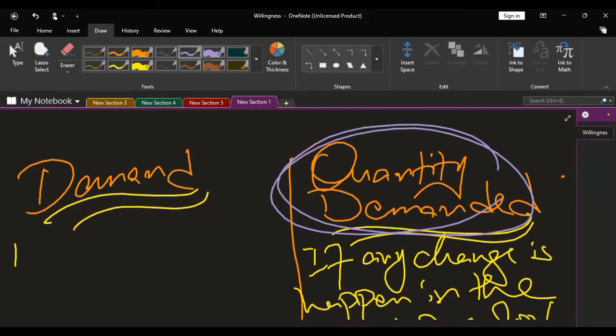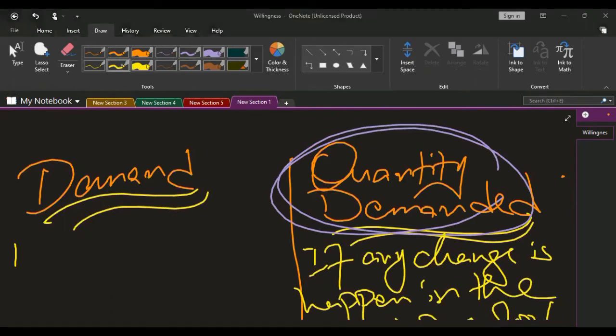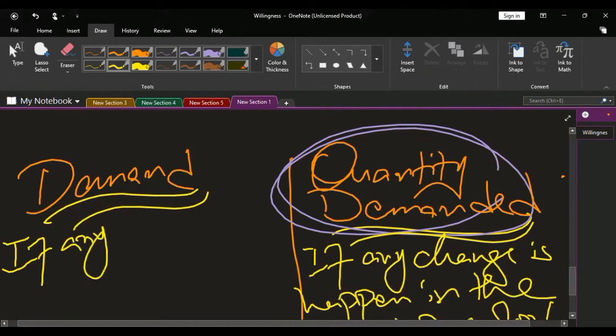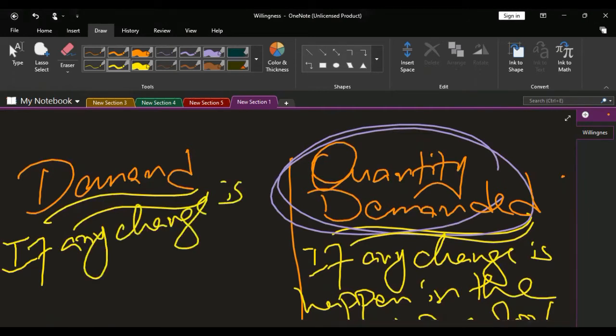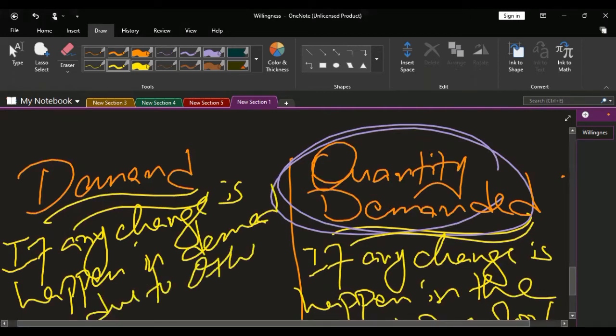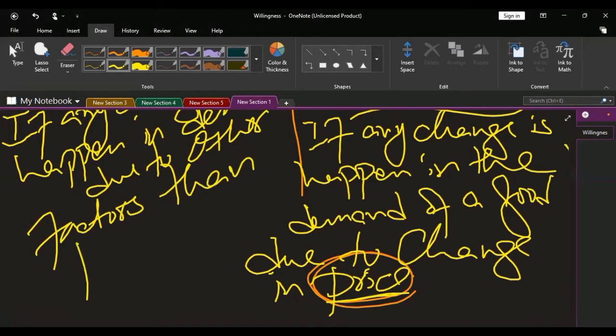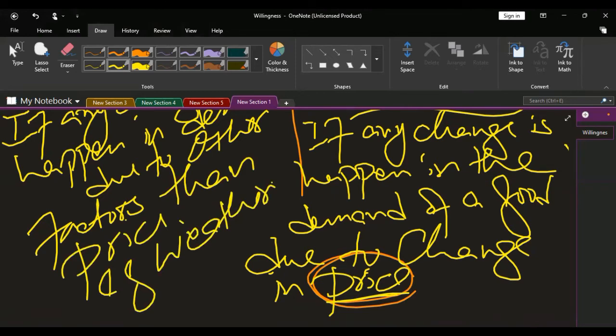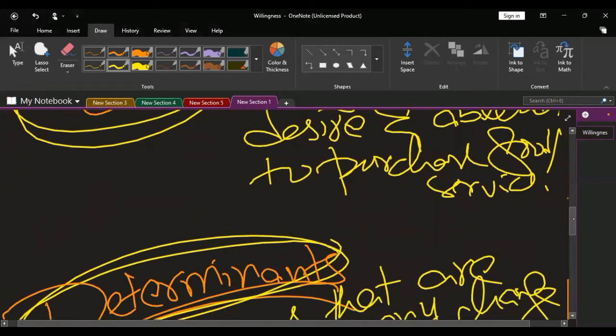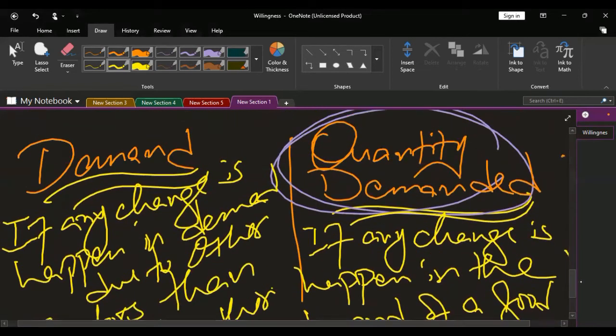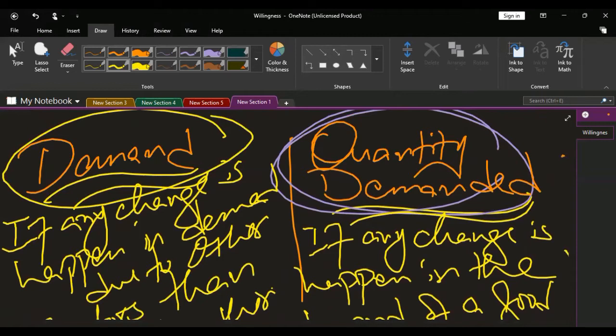Similarly, if any change has happened in demand due to other factors than price, for example weather, temperature, and other factors, but other than price, then such change in demand is called only demand, not quantity demanded.